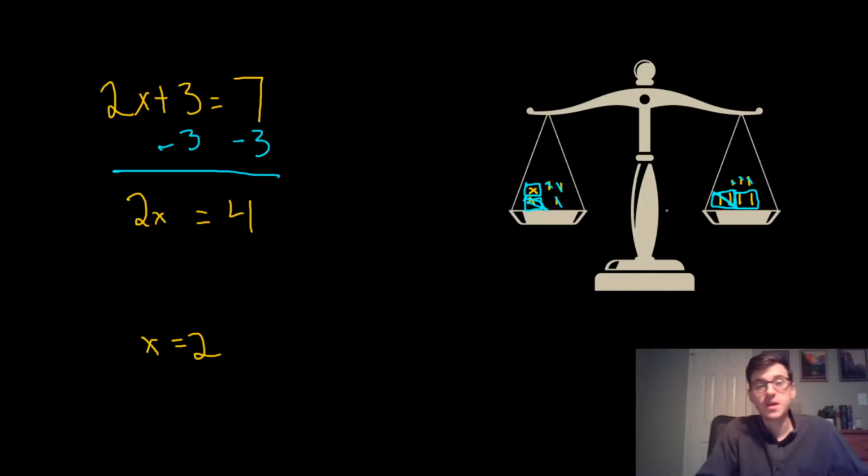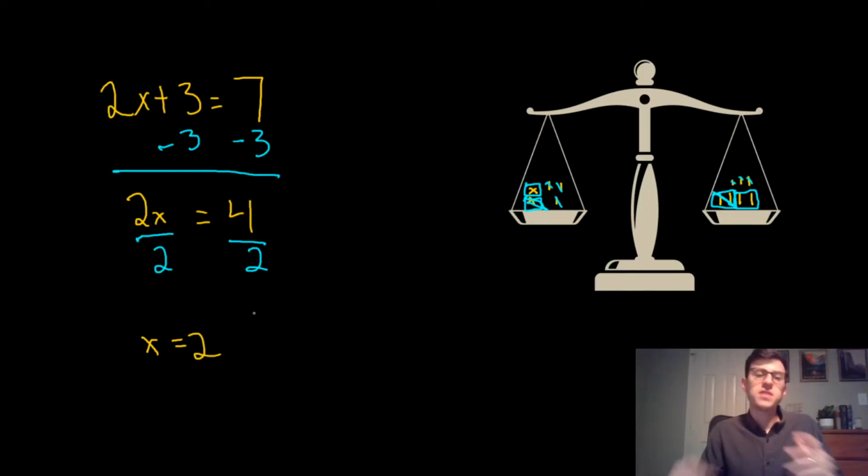If we were using operations to describe our thoughts, you would say, I divided 2x by 2 and I divided 4 by 2. 2x divided by 2 is 1x, or x, and 4 divided by 2 is 2.